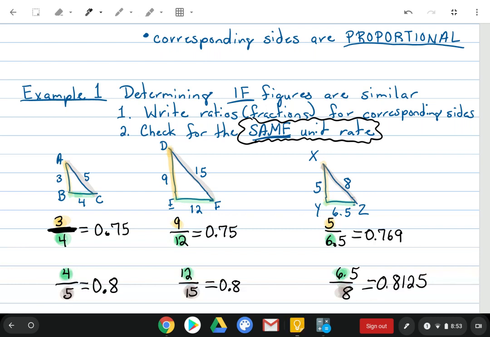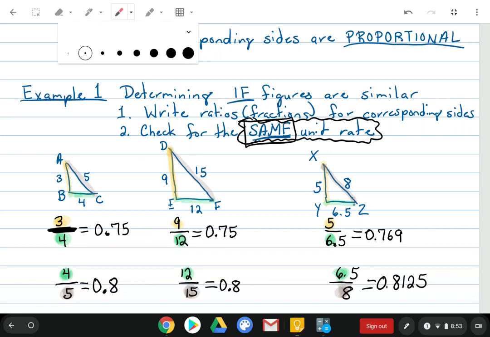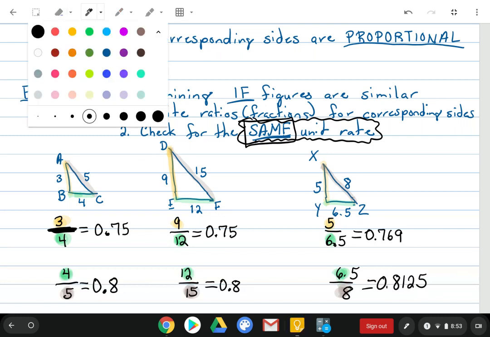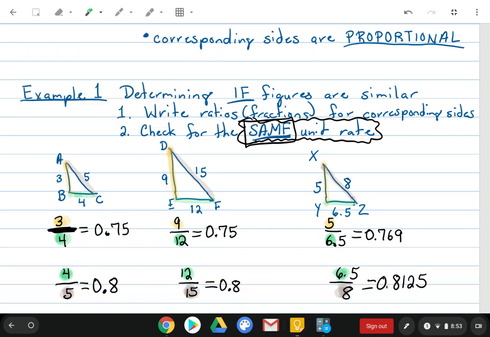So remember, we're looking for the same unit rate. Well, if you look, when we checked the yellow side divided by the green side, notice we had 0.75 right here and 0.75 right there.